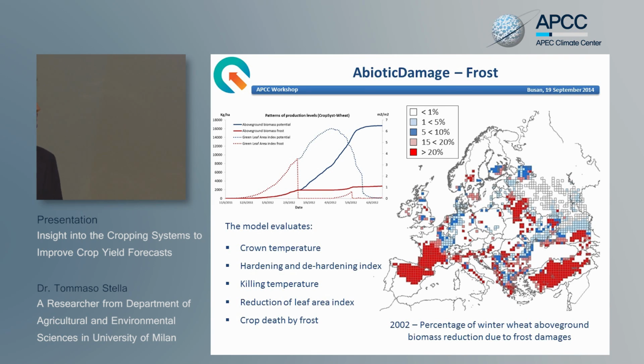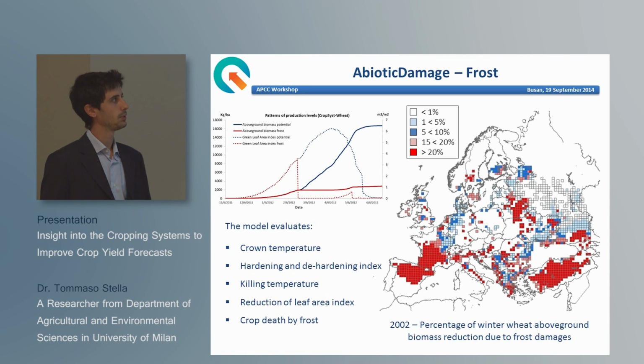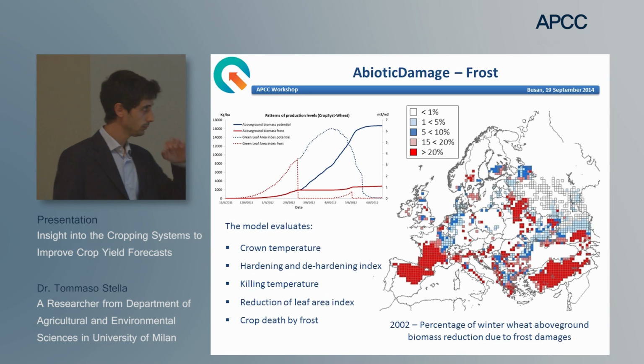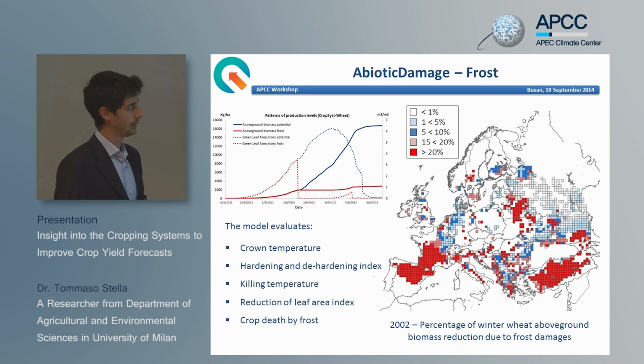Here, on the top left of the slide, we can see the impact of two frost events in wheat growth. And we can see how the leaf area index can be reduced, and so, at the same time, a reduction in assimilation, and so a reduction in above ground biomass.